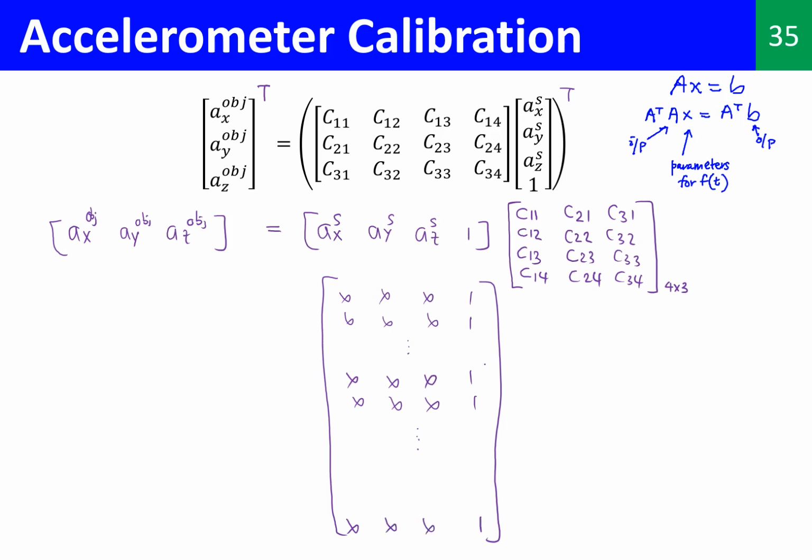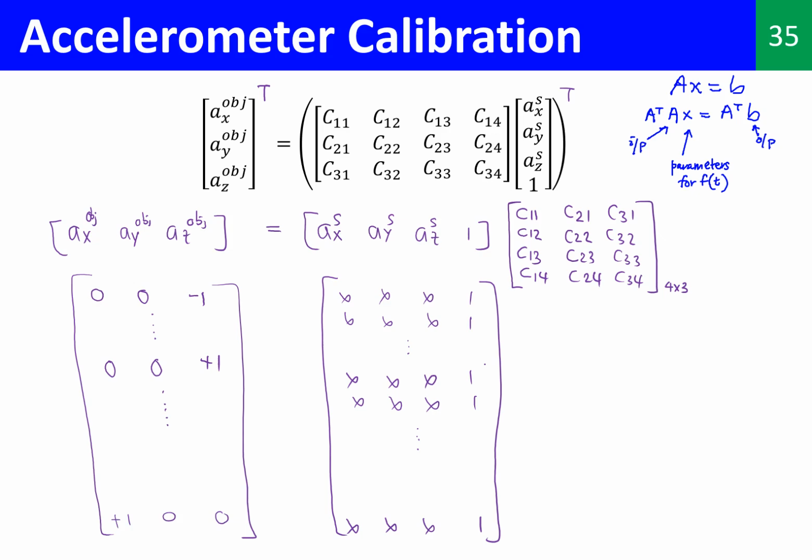Right. Now on the left-hand side, we would have the expected readings for all these known configurations. So let's say for the first one we have 0, 0, minus 1, 100 times, something like that, okay? Then we would have 0, 0, plus 1, and finally we can have plus 1, 0, 0.